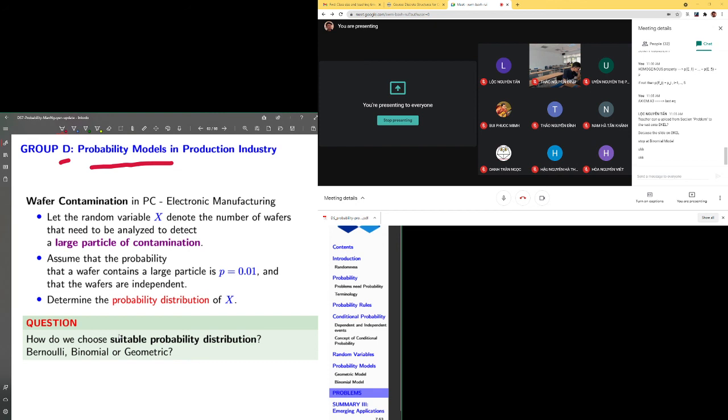So the last section is right here. We have to apply the probability models, and the key problem here is how to choose.